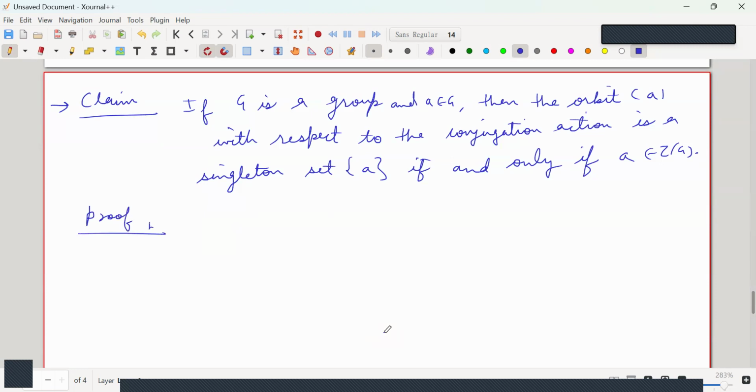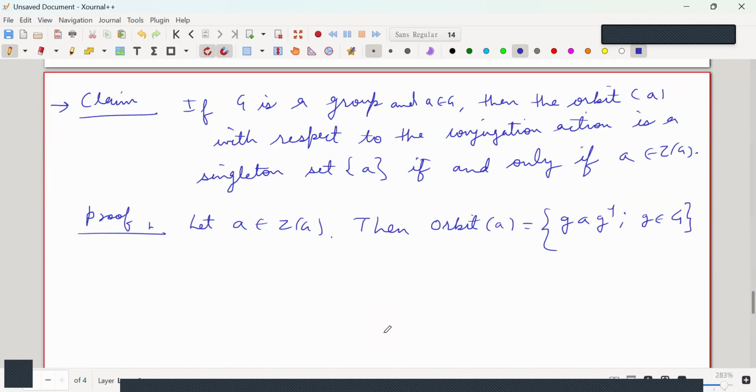Yes, sir. And the proof is exactly what you said, right? So in the first case, let a belong to the center of G. Then the orbit of a is just the set g a g inverse for all g belonging to G, right?